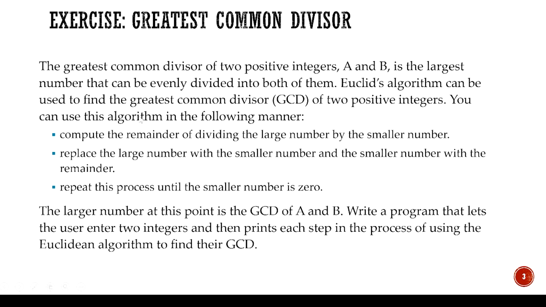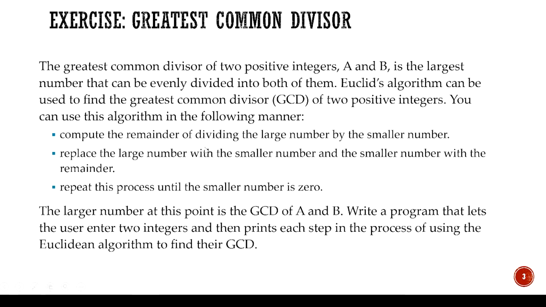As you can see here, we have two positive integers, a and b. The greatest common divisor of these two integers is the largest number that can be evenly divided into both of them. Here we are using Euclid's algorithm to find the greatest common divisor, and you can see the steps here, three main steps.